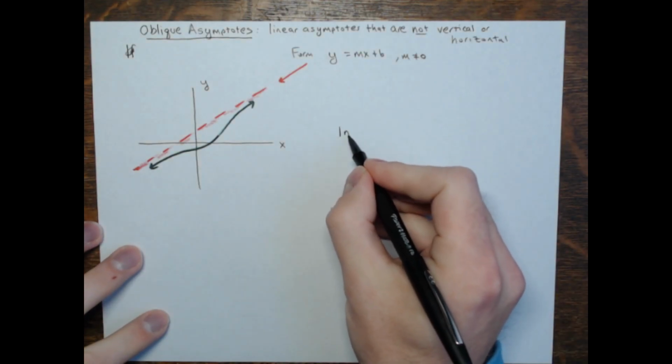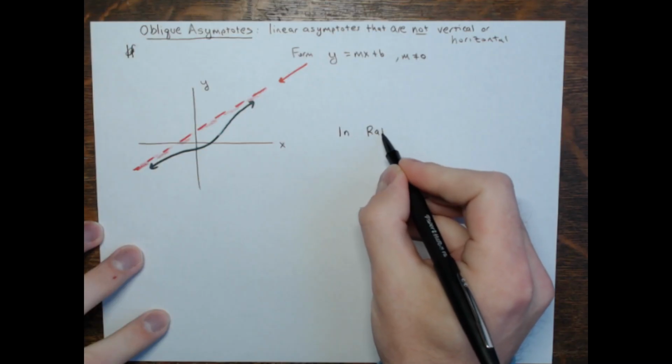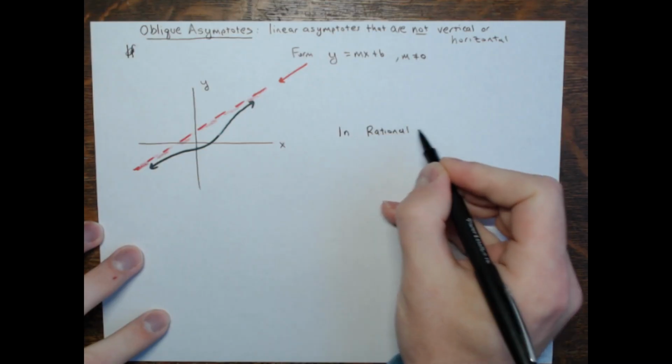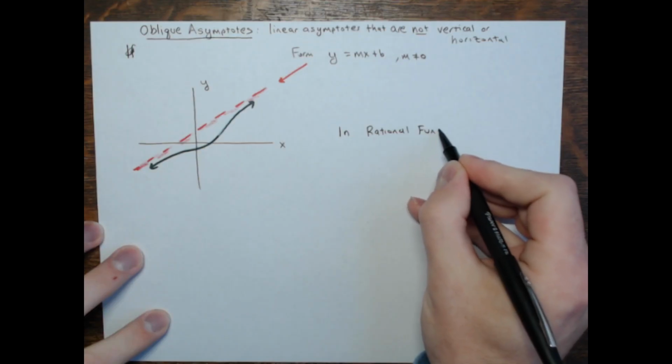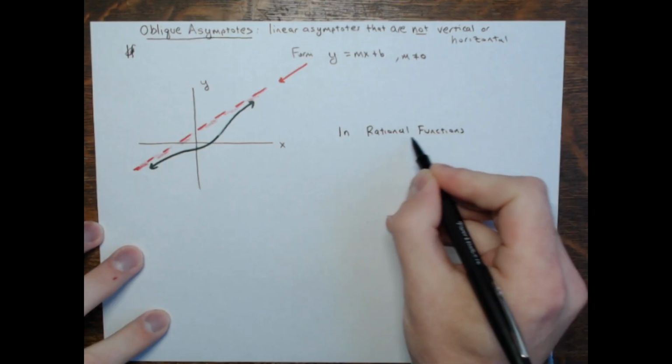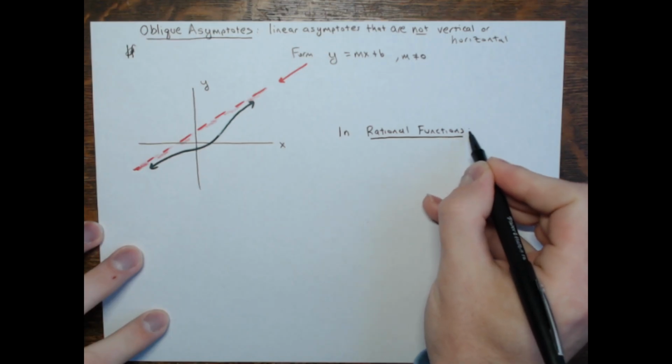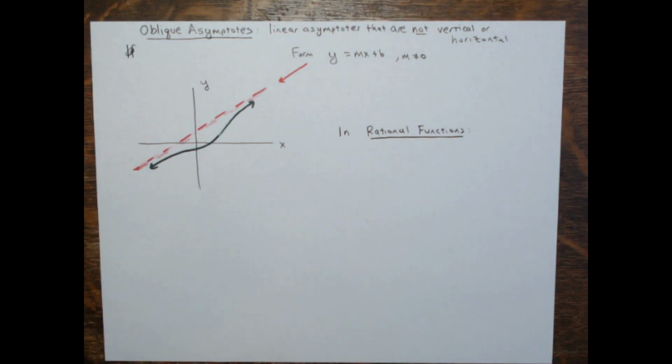Now, in rational functions, which is what we have in this next problem, so that's where you have f of x equals a polynomial in the numerator, polynomial in the denominator, polynomial divided by polynomial.